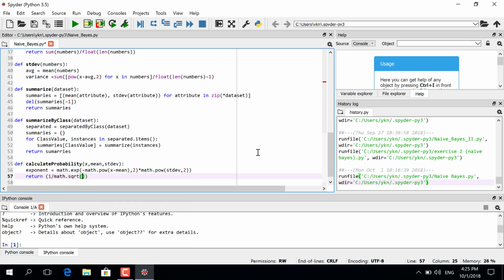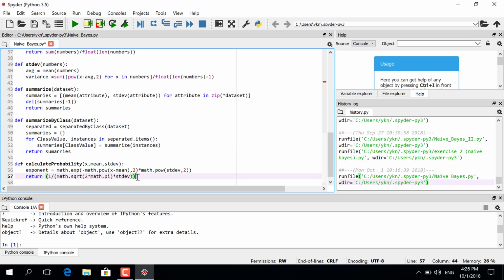Yes, 2 times math.pi, this is pi 3.14, and times standard deviation, and times 1. Okay, so we have to write it like this.